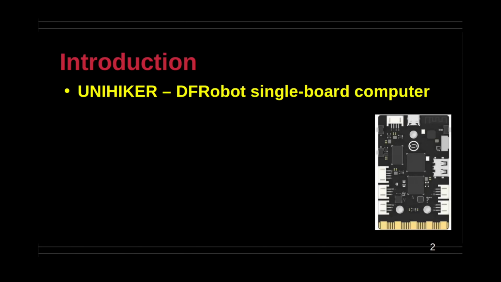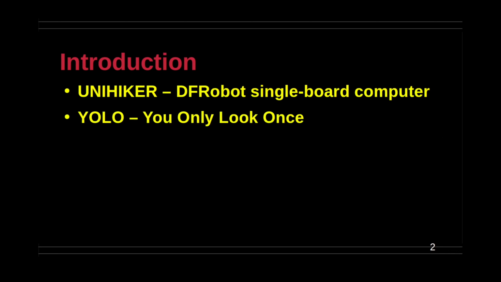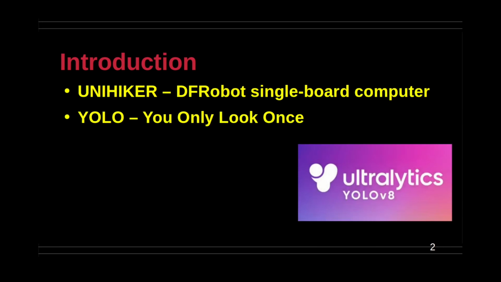UNIHIKER is a single board computer from DFRobot with two tightly integrated processing systems, a Debian Linux platform and an Arduino-compatible microprocessor platform.